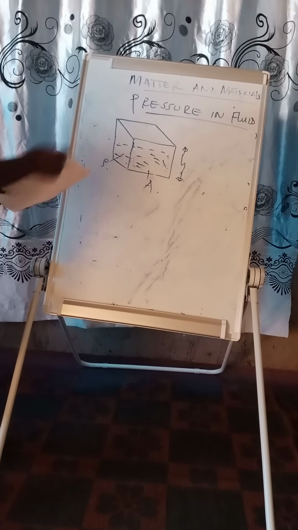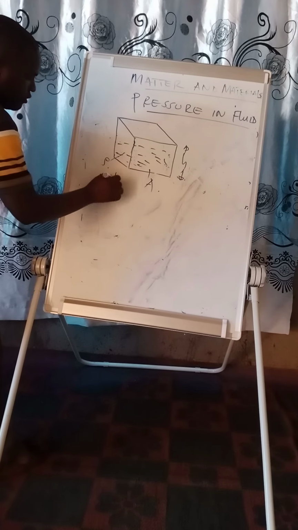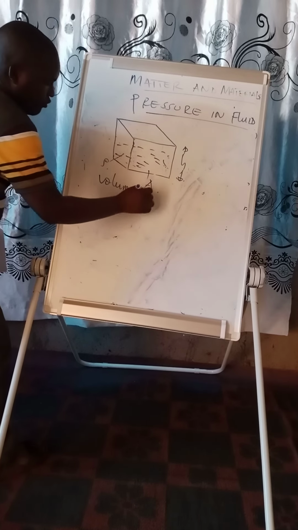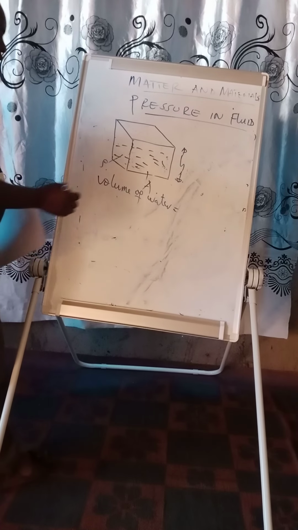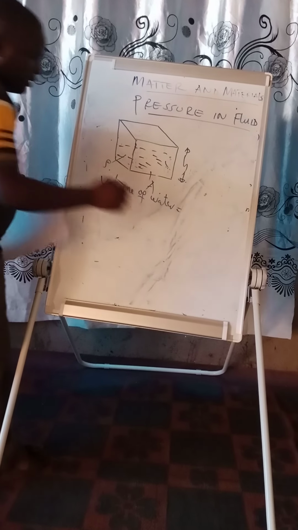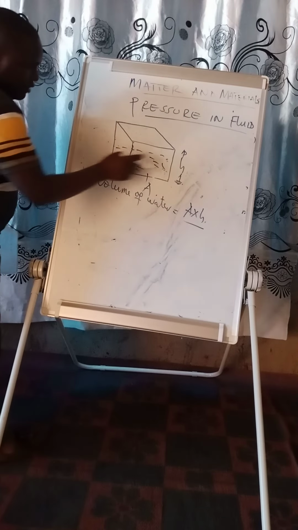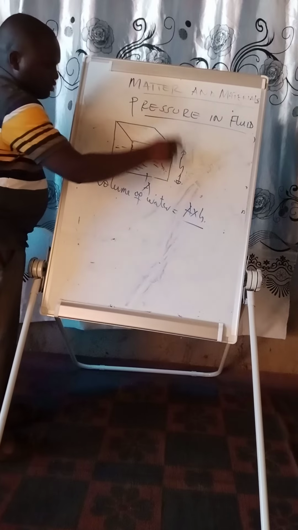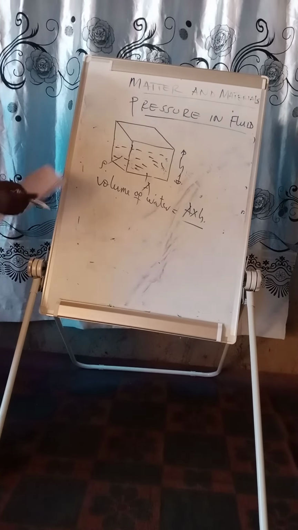Okay, let us find the volume of water. Volume of water in this container will be given by area times depth. Area of the container times depth of the container will give us volume.